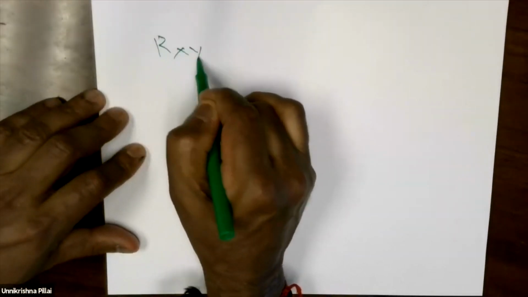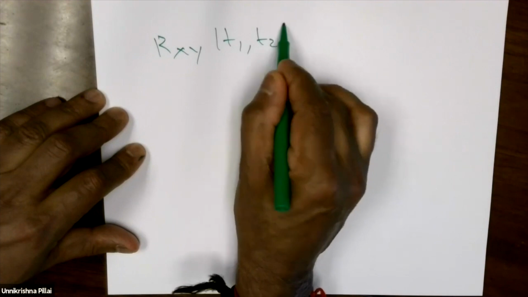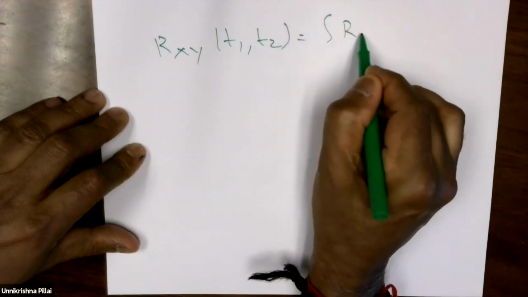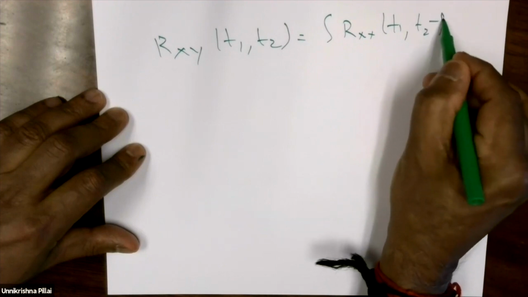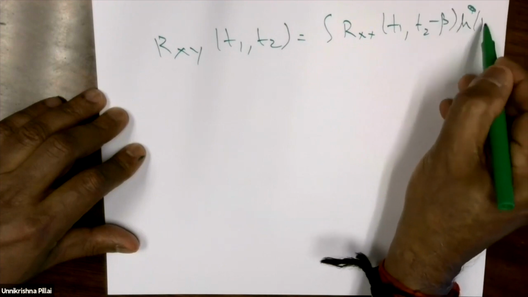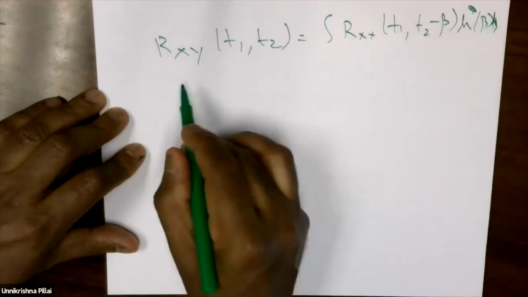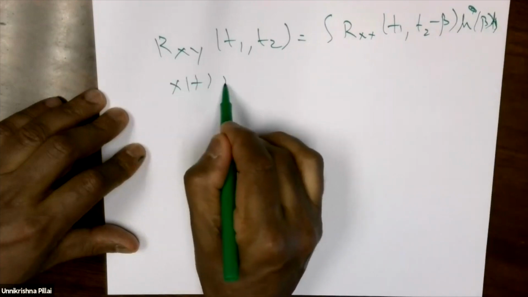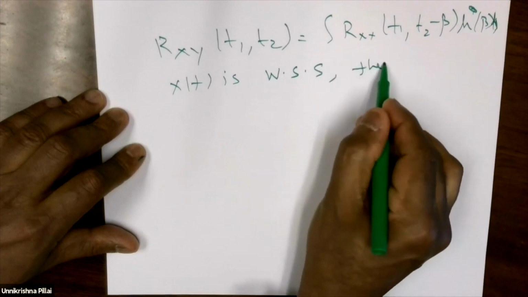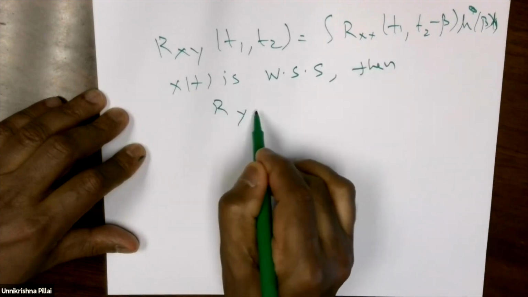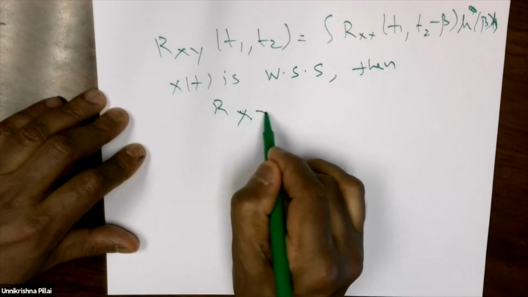So let me summarize what we have done. Rxy(t1, t2) is the integral of Rxx(t1, t2 - beta) h star(beta) d beta. But if x of t is white-sense stationary, then we get Rxy(tau).